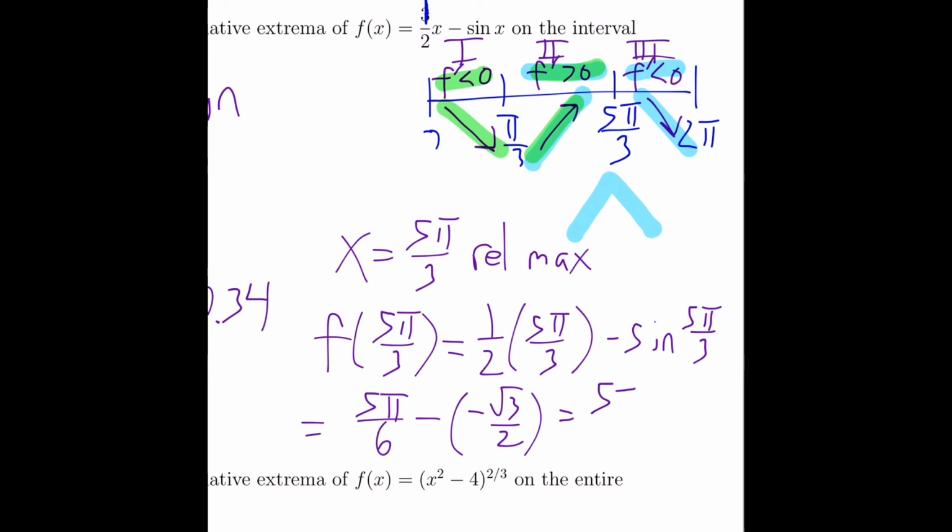So the exact value is 5 pi over 6 plus the square root of 3 over 2, which would be approximately 3.48. So we get a relative max of 3.48 at x equals 5 pi over 3.